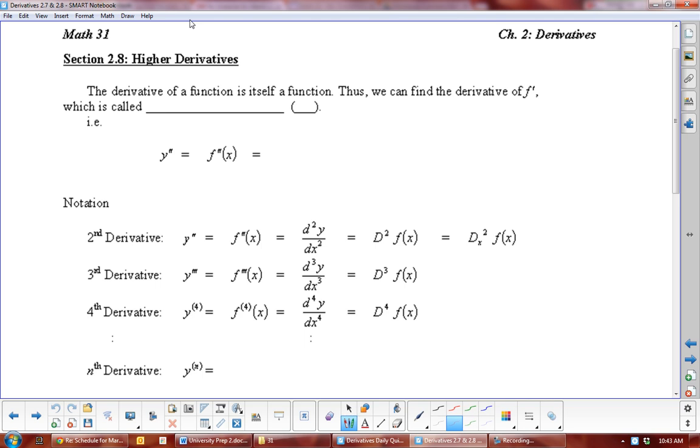Okay, so when you take the derivative of f prime, or a derivative of a derivative, that is called the second derivative. And if it had 1 prime before, we're going to give it 2 now. Okay.